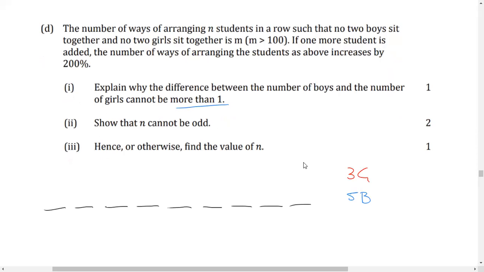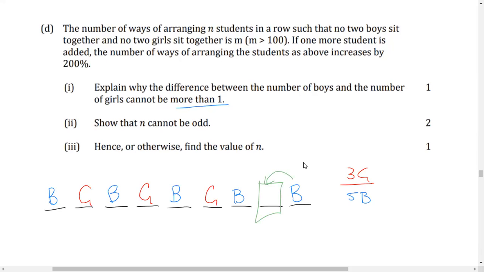So let's say we put the boys first, and the next one can't be a boy, so it has to be a girl, just because we're making sure they don't sit together. You've got a very strict school, right? 1, 2, 3. Okay, so we make the boys separate, and we're separating them with a girl in between. But hey, we only have 3 girls, which means there's no one sitting here, which means that these 2 boys will be sitting together.